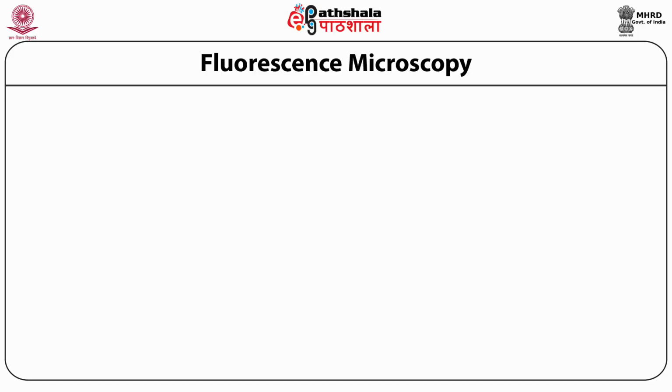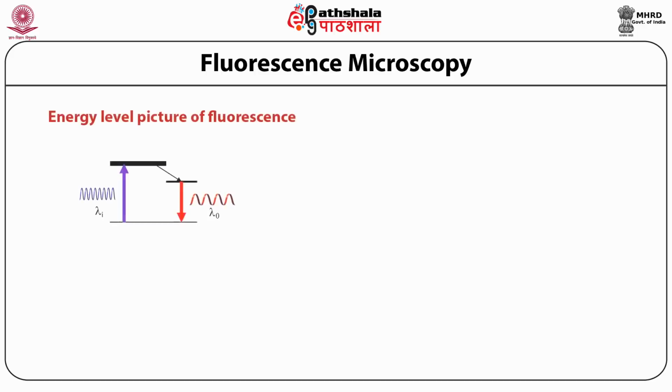Through an electronic energy level diagram, we can understand the underlying process as shown in this picture: you have two electronic states connected by the incident light wavelength lambda I, and then the light which is emitted by the sample is by relaxation of the molecules or the electrons from another energy level to the ground state.